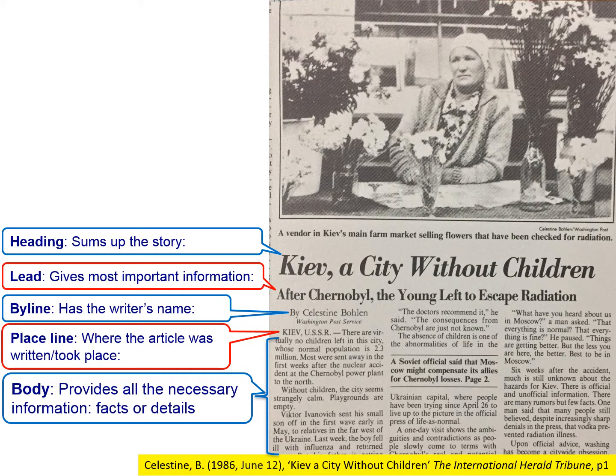The body gives details about the five W questions. That is, what happened, who were the people involved, where did it happen, when did it happen, and the reasons, the why, the reasons for the event taking place.